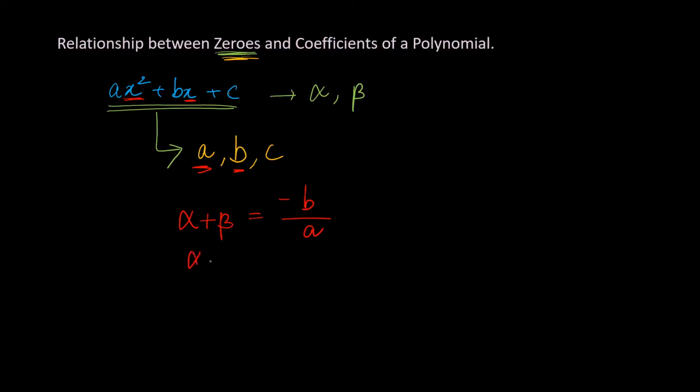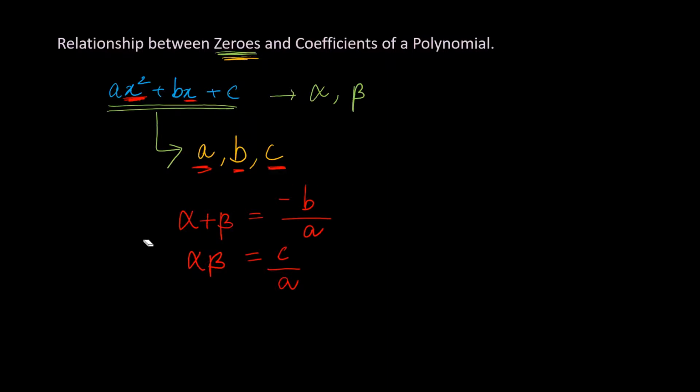And the second one is the product of the two zeros, which is c, the constant term, divided by again the coefficient of x square, which is a. So this is the relationship between the zeros and the coefficients of a polynomial.